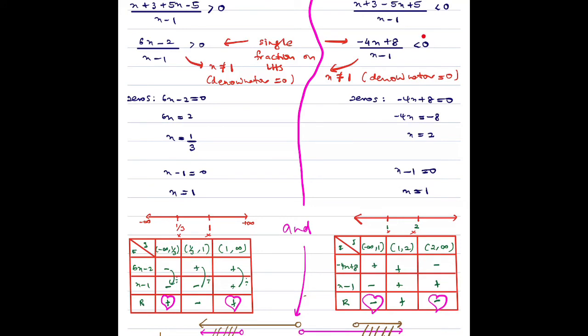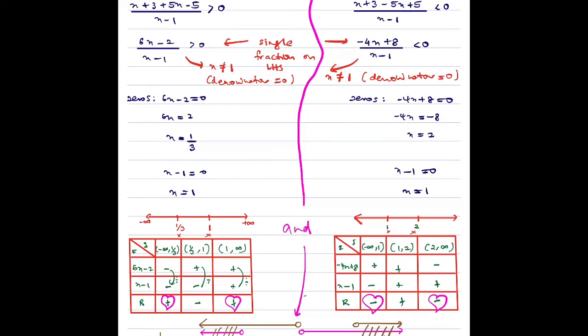If we wanted less than or equal to 0, we would include 2, because negative 4 times 2 is negative 8 plus 8 is 0, and 0 over something is 0. But 0 less than 0 is a false statement.